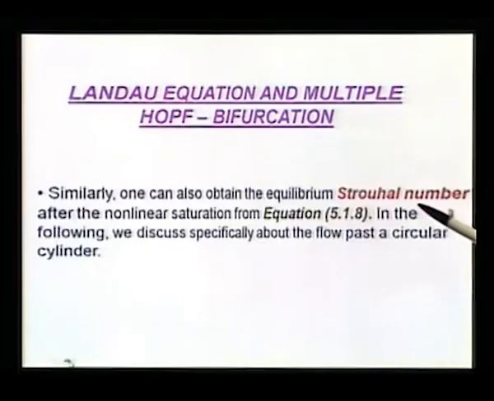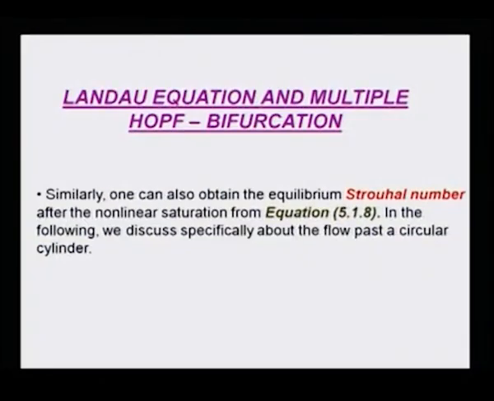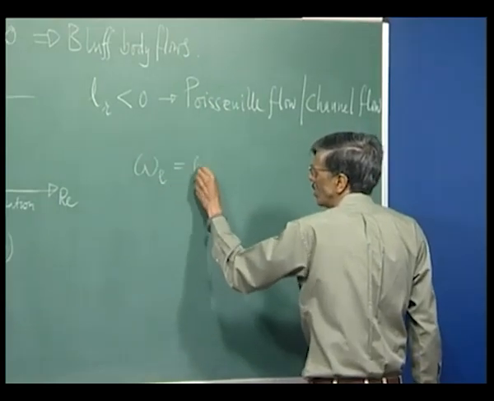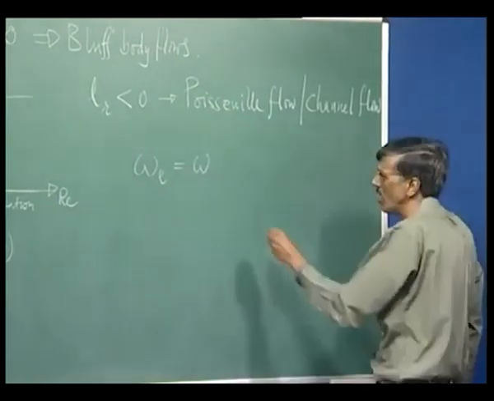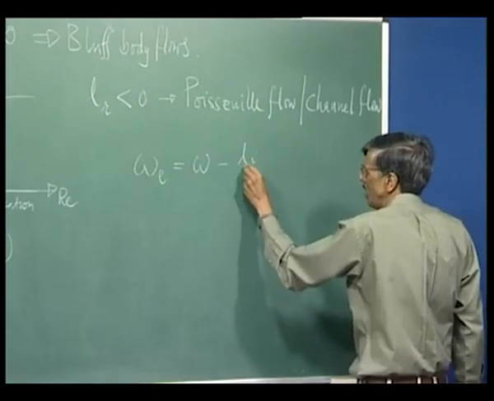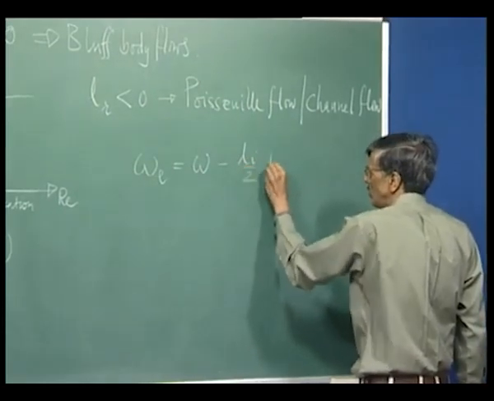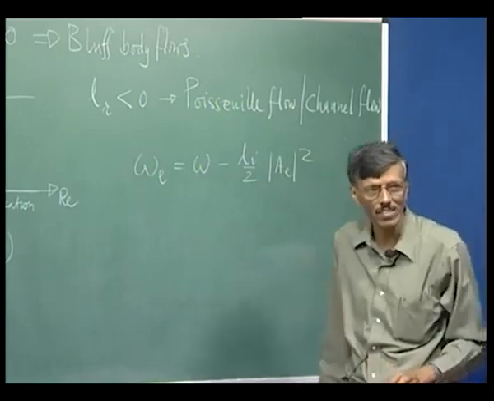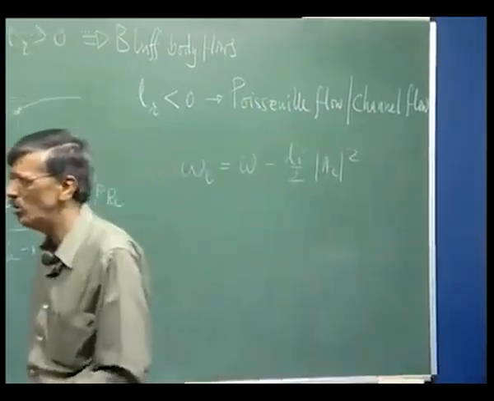The Strouhal number is the equilibrium Strouhal number from the other equation, and that equation was what? That equation was omega equilibrium should be equal to what you get by the linear theory, and this was Li by 2, and this is that, right.